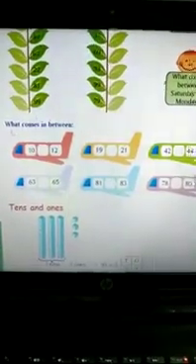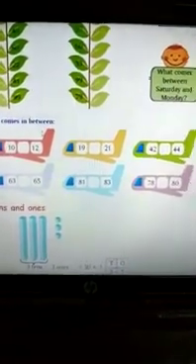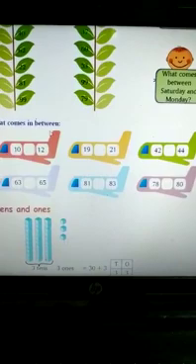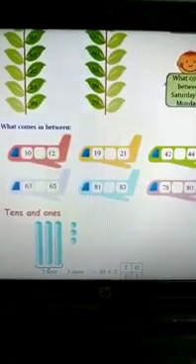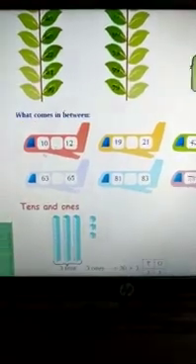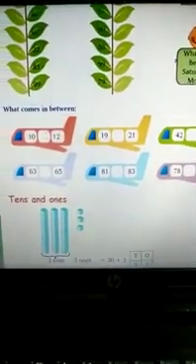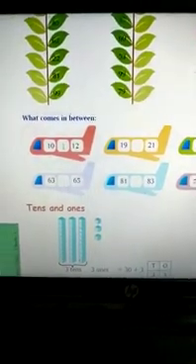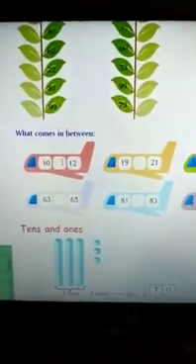What comes in between? Here is written what comes in between. So you can see there are different types of aeroplanes given, and we have to write the answer in this box. So first one is 10-12. What will come here? 11. Here come 11.